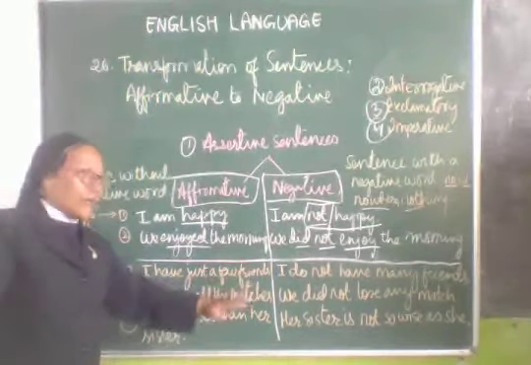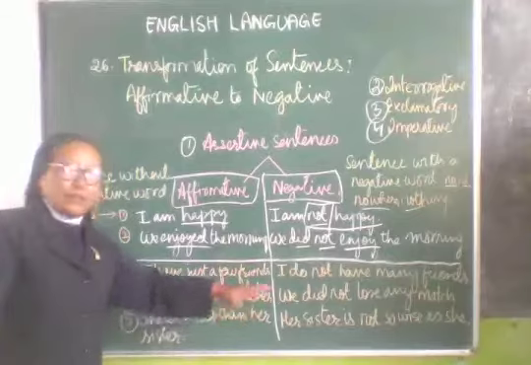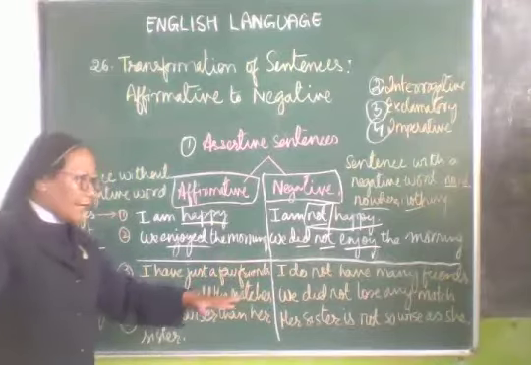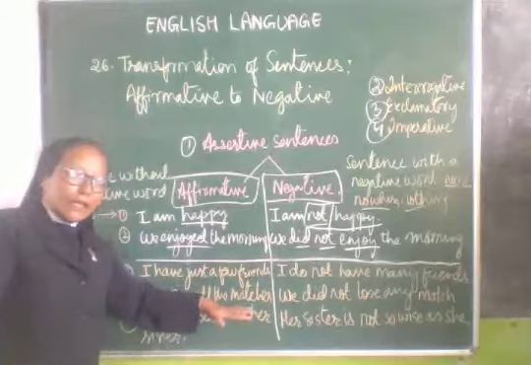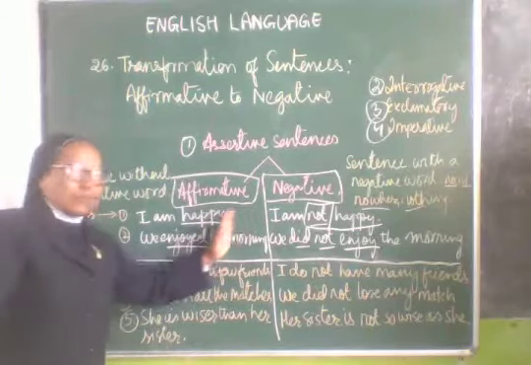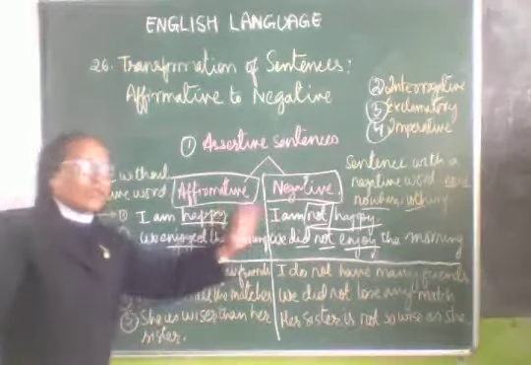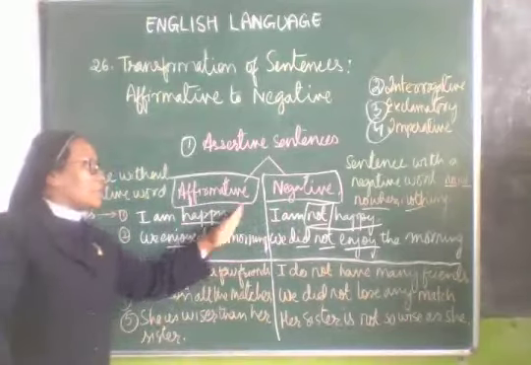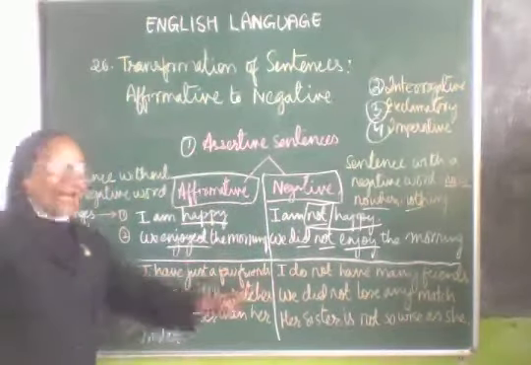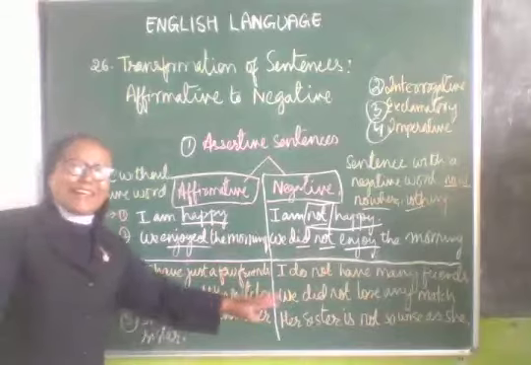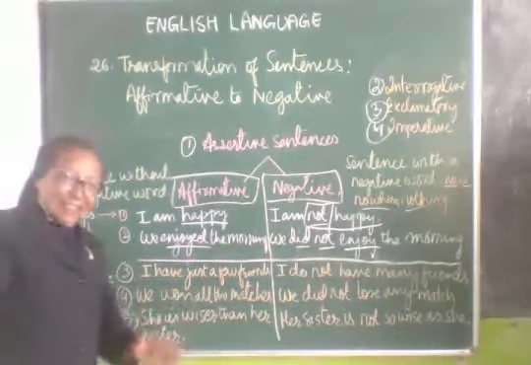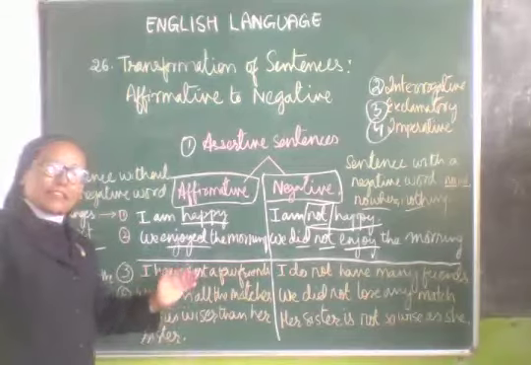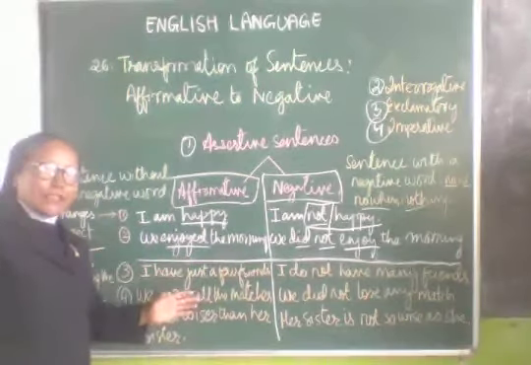You will be learning it in your higher classes in future. But in this class, I'm introducing you to this. Usually we are up to the exercise of changing direct affirmative to negative. This is a more advanced form, and you'll learn more about it when you go to the higher classes. But now you get to know the knowledge of it.